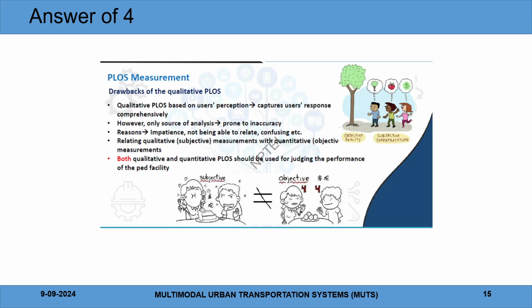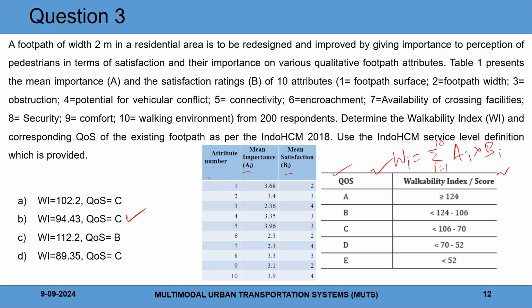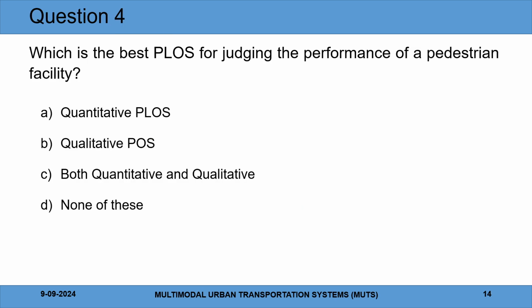Yes, both qualitative and quantitative PLOS should be used for judging the performance of the pedestrian facility, because for a pedestrian facility it is not only some quantitative thing, but there is some subjectiveness, like how comfortably they can walk, or the footpath surface, footpath width, all these things are associated. So both qualitative and quantitative things are required for developing pedestrian level of service. Option C will be the correct answer.